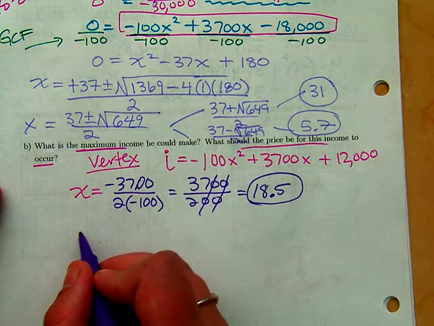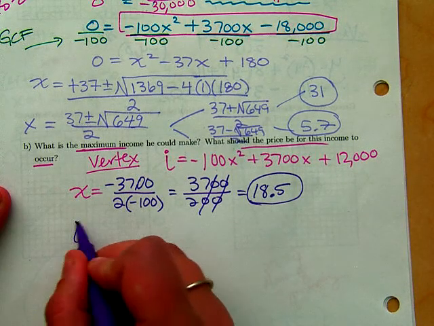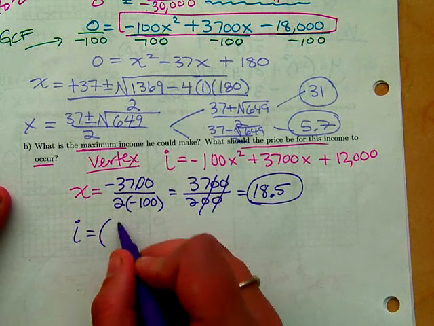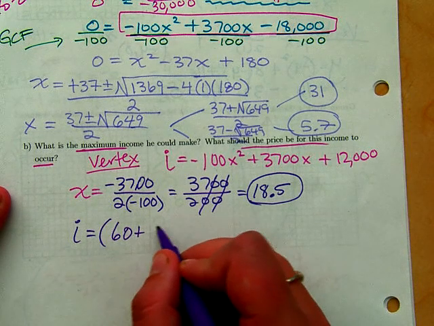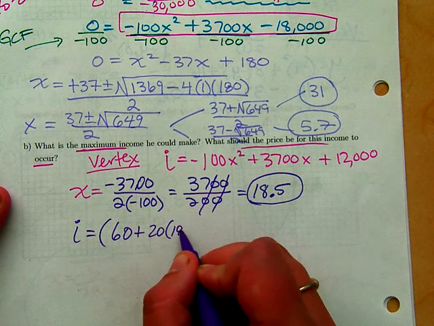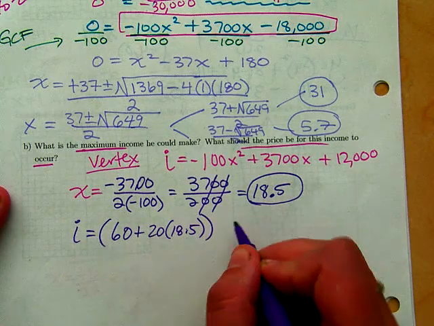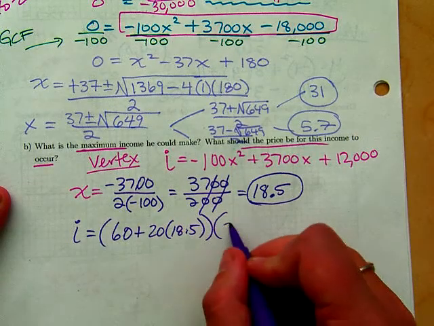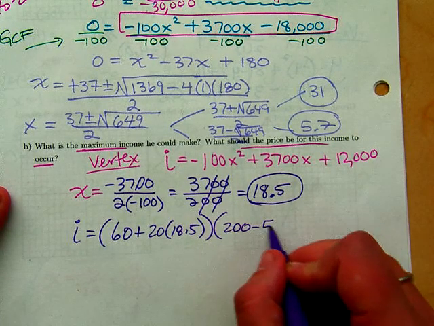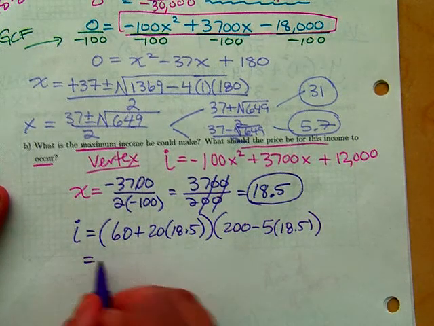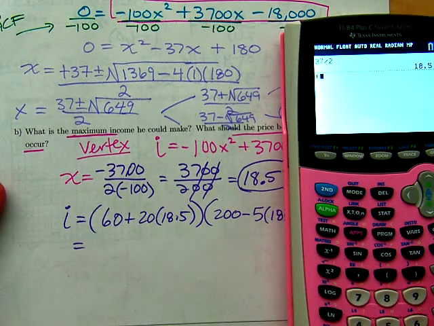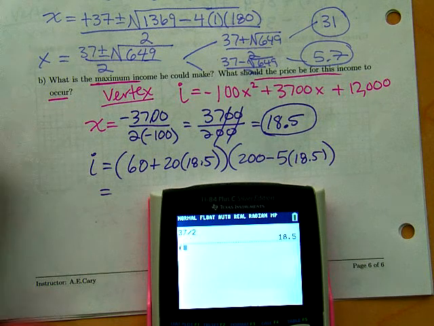Let's go back to the original. I think it's actually a little bit easier. I equals, I'm just going to go back to the original. You could plug it in here as well. But you'd have 60 plus 20 times 18.5 times 200 minus 5 times 18.5. Okay? So I'm just going to plug that into my calculator. This is not fun mental math here.